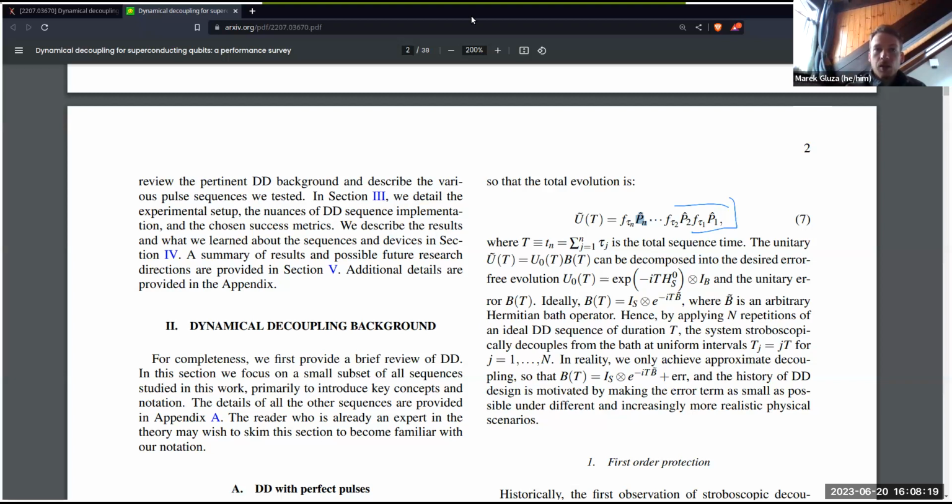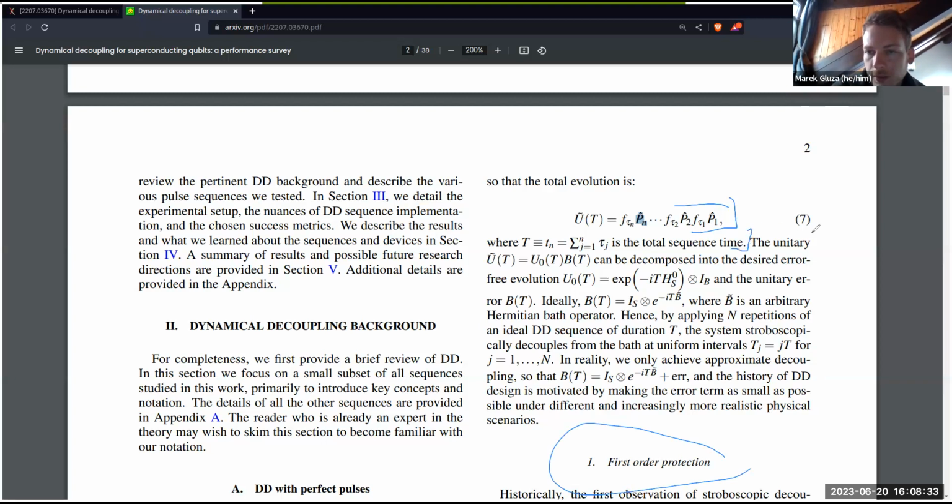Okay. Good. So if that's fine, we can continue, because we can quickly go to first order protection at some point. But let's see if we get some comments, because I'm not sure, maybe there's some background that is useful to say.